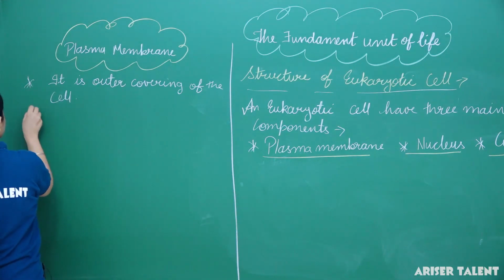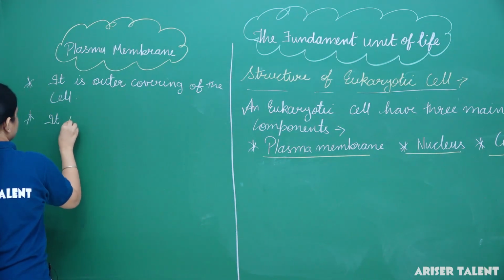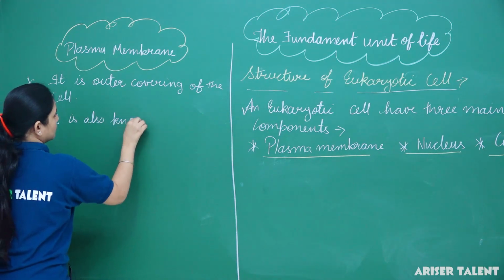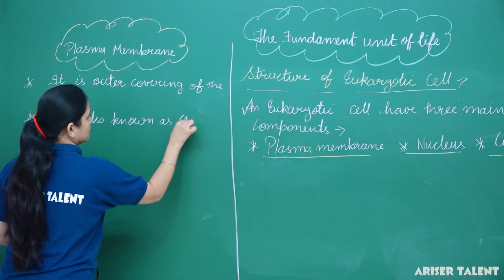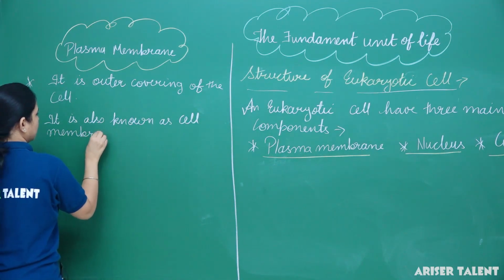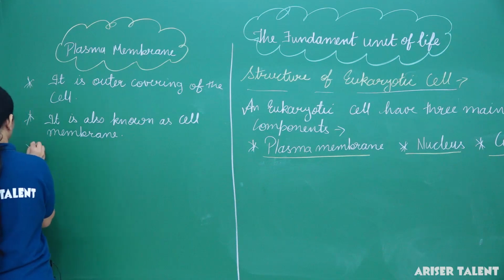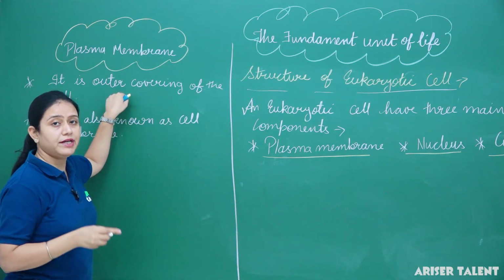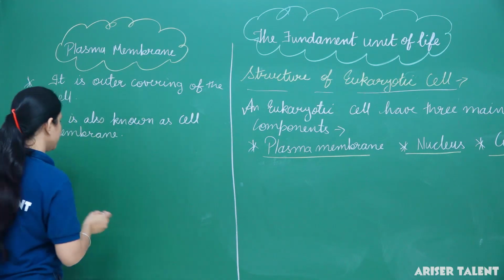The outer covering of the cell is known as plasma membrane. It is also known as cell membrane. Clear? Cell membrane or plasma membrane is made up of lipids and protein.